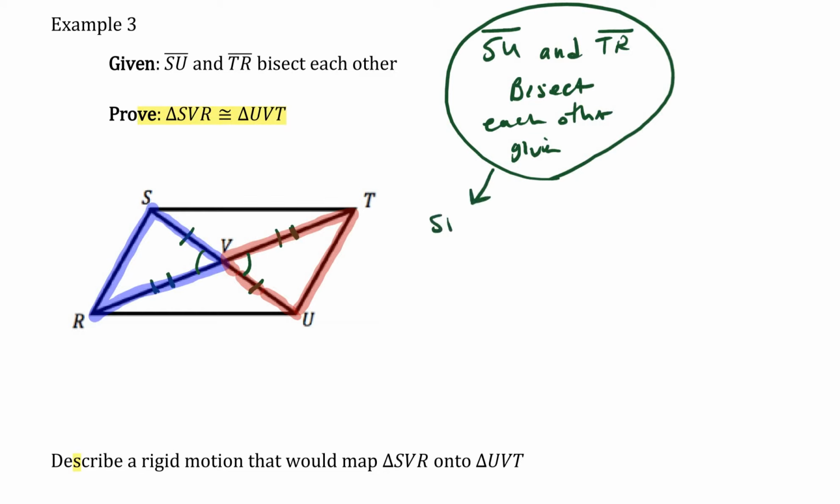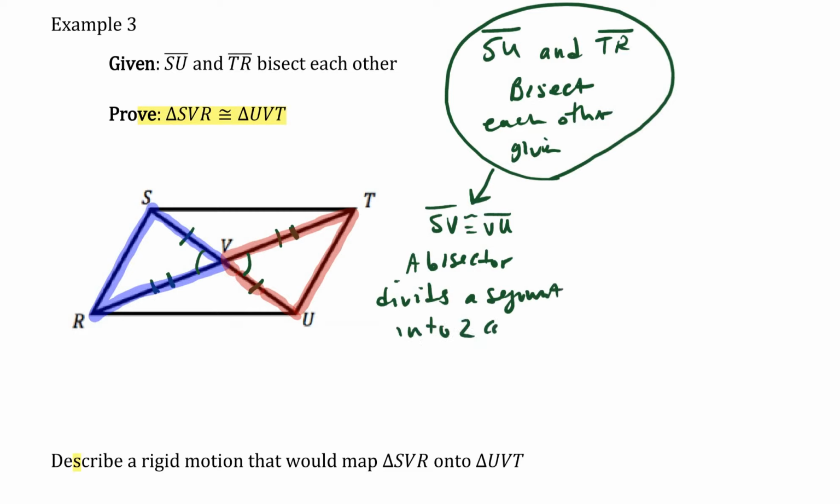It tells us that SV is congruent to VU because a bisector divides a segment into 2 congruent segments.